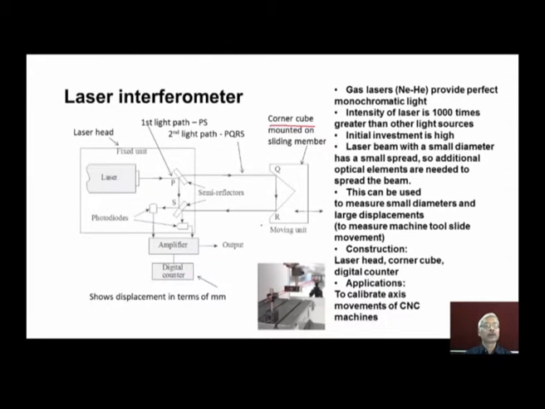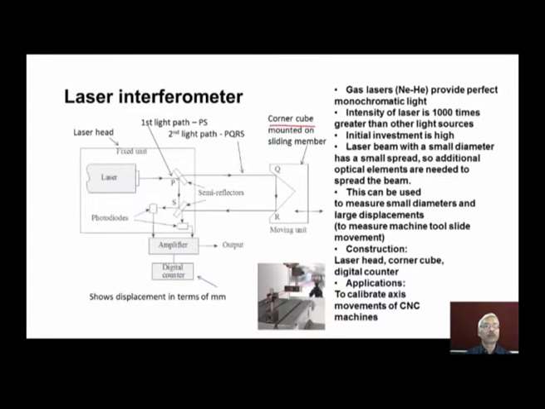And the working of this laser interferometer is like this. We get the laser light from the source, which will fall on the semi-reflector, first semi-reflector. So light ray falling on the first semi-reflector, a part of it is deflected, which moves in this direction. Again it is deflected by the second semi-reflector, and then finally it falls on the first photodiode.